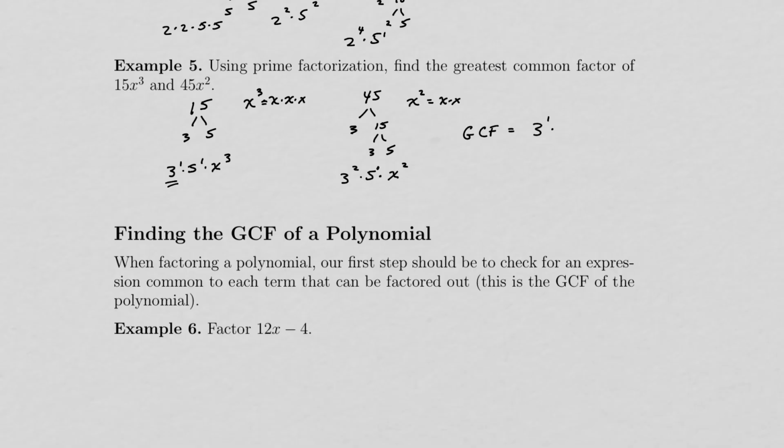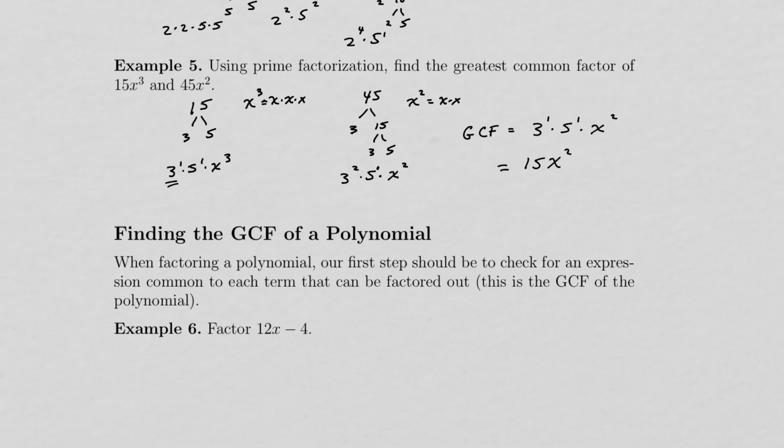So the least is still 5 to the 1. And then the x's, I have x cubed and x squared, so the 2 is smaller, so x squared. And if I multiply that, it's 15x squared. So that's the greatest common factor of 15x cubed and 45x squared.